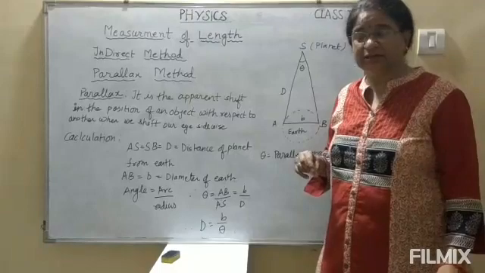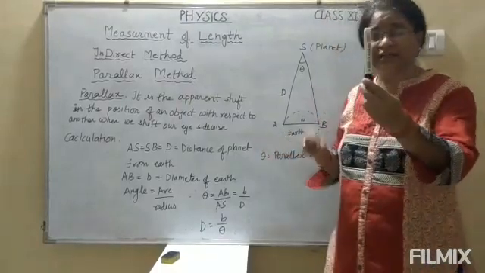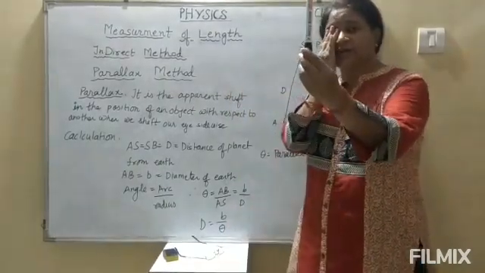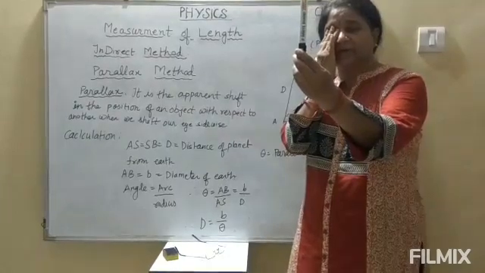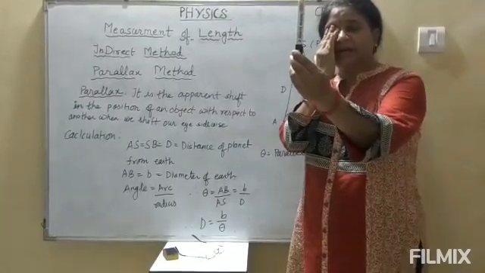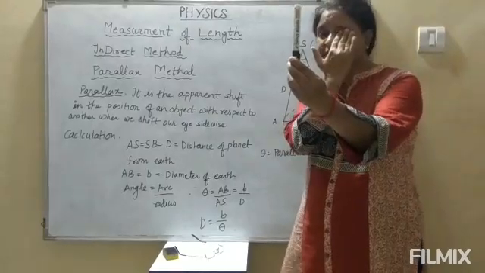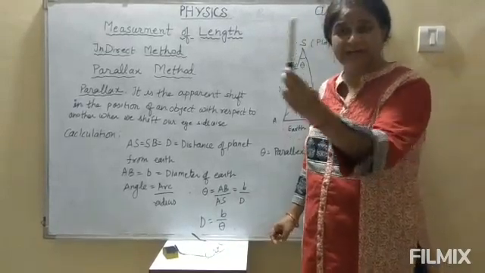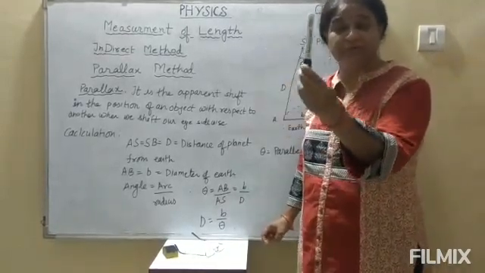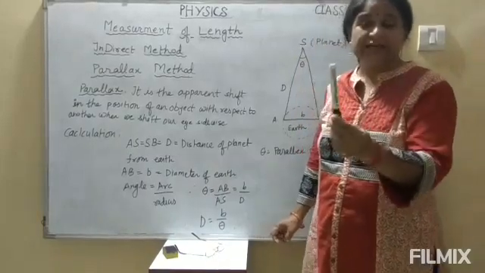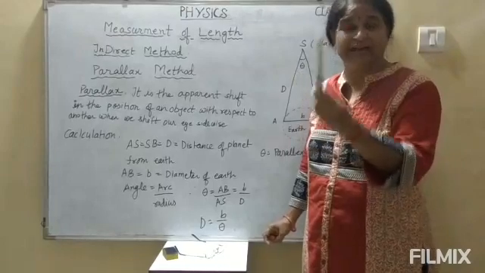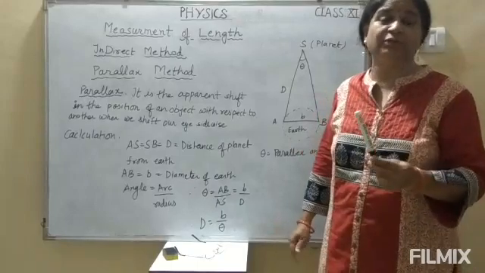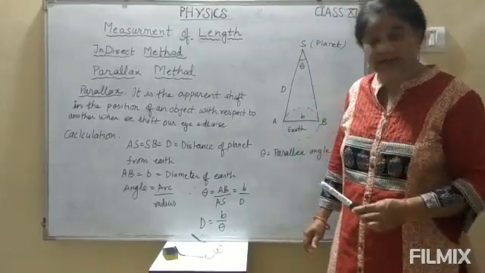My dear students, if I hold this pen in my hand, close one eye and observe this pen, then close the other eye and observe the pen, you will see a slight shift in the position of the pen. This slight shifting of an object, when it is viewed from two observation points, is called parallax.